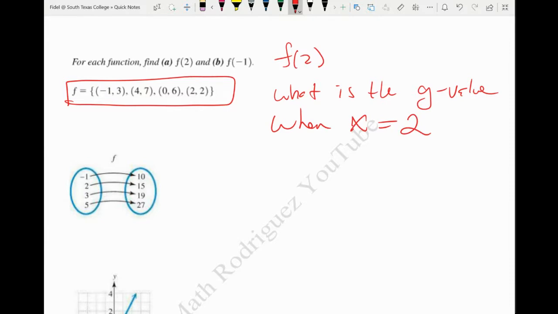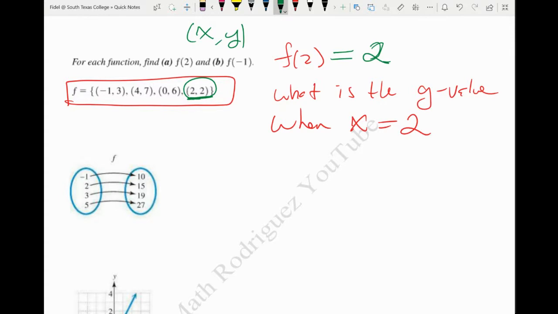Remember, x is always going to be the first number, right? So I'm going to come back over here and say, look, there's my ordered pair. My points are always written like this, x and y. So what's the y value when x is 2? It's also 2, right?